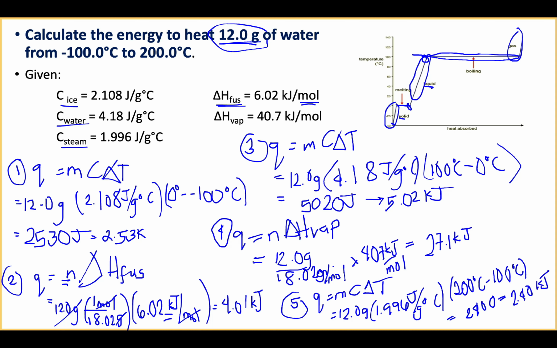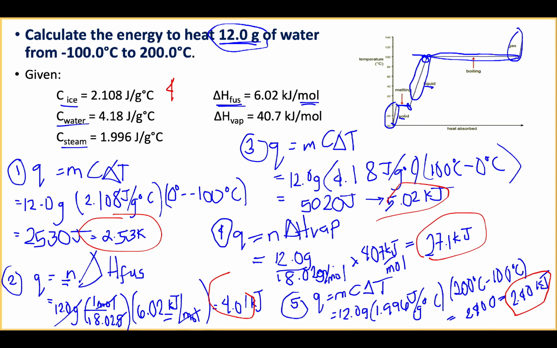Now this is not yet the final answer because you have to get the Q total. Okay, so add everything. This will give you 41.06 kJ or 41.1 kilojoules.